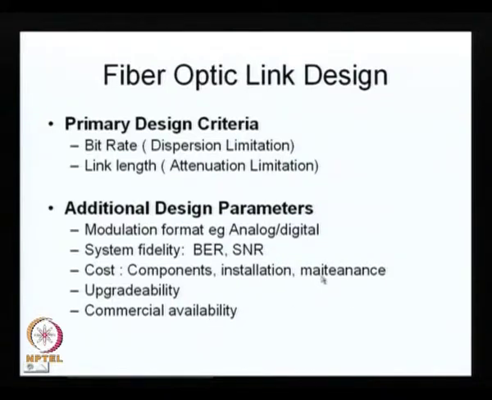The third thing which is important is the maintenance of this link, because the system is going to be laid over a distance of hundreds of kilometers, and this is going to go into various environments. So, one requires good maintenance of this cable so that the communication performance does not deteriorate as time progresses.